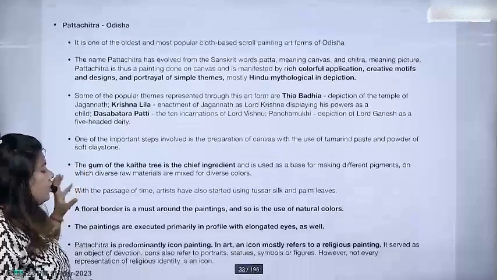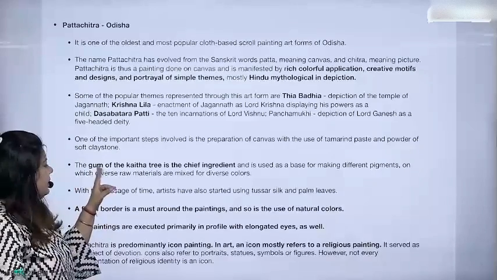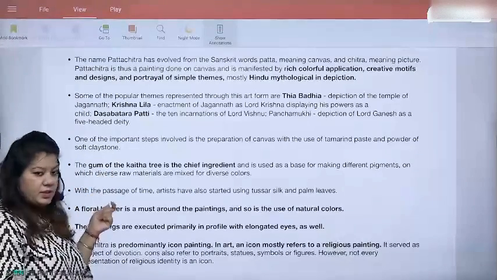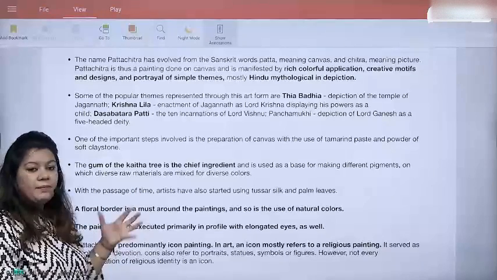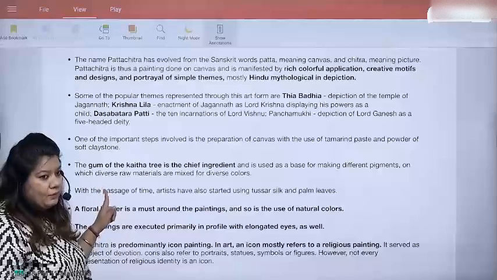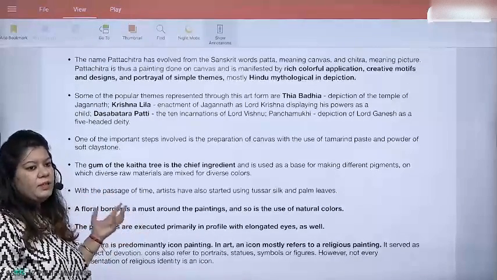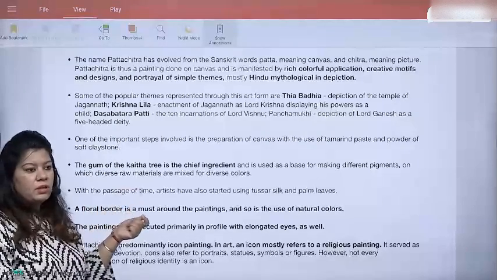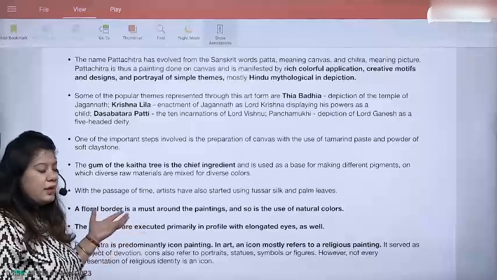Now there are certain materials used in this painting. The gum of Kaitha tree is used as a chief ingredient for making the base of the pigments or the colors used. So this is again an important fact. Why? Because sometimes they can give you a statement asking which tree's product is used as a chief ingredient.